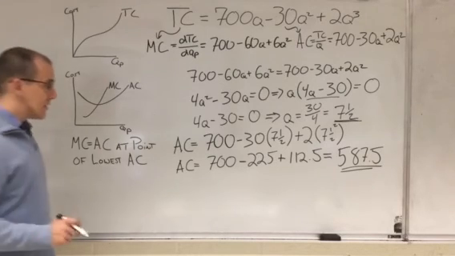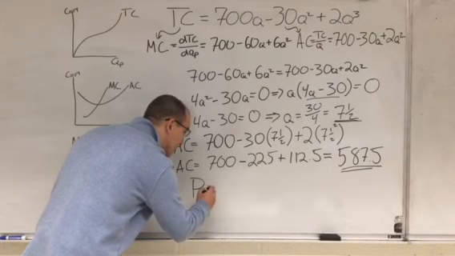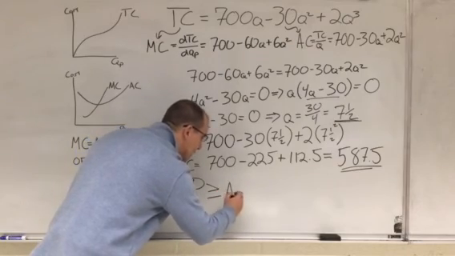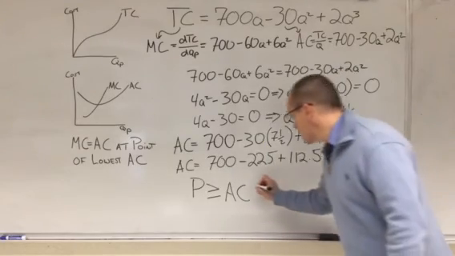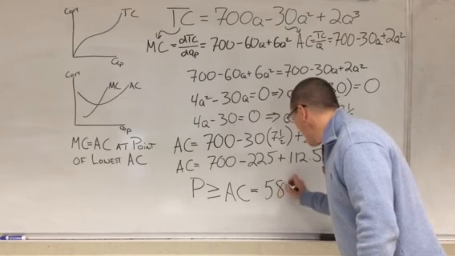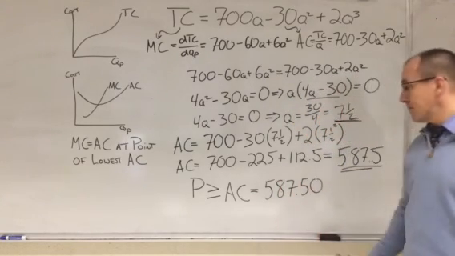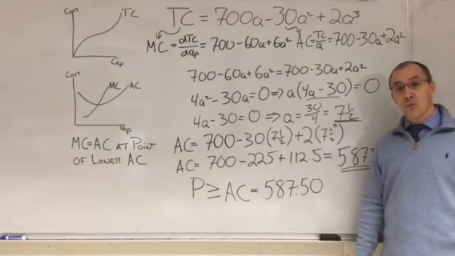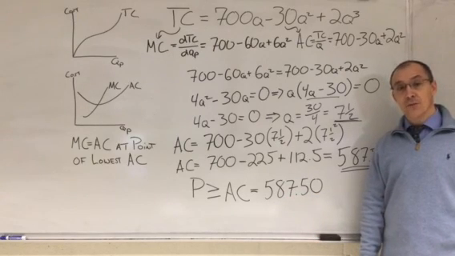The general concept is that in a market, I want my price to be greater than or equal to my average cost, which in this case is $587.50. At any price higher than this company will be able to profit. At any price below this company should leave the market.